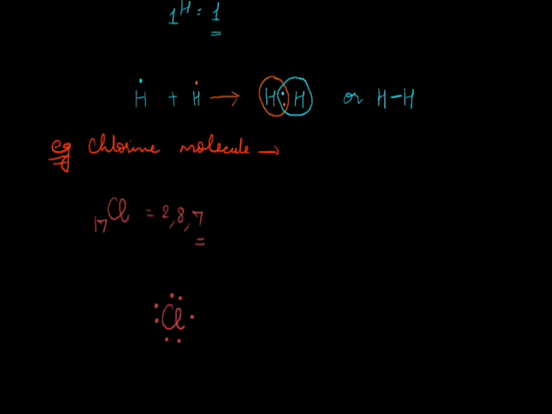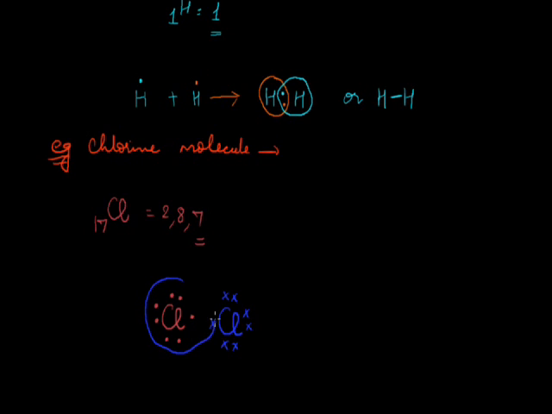Likewise, there is another chlorine atom, and this has 1, 2, 3, 4, 5, 6 and 7 valence electrons. Both need 1 electron, right? So they'll share. This chlorine has 7 electrons already.